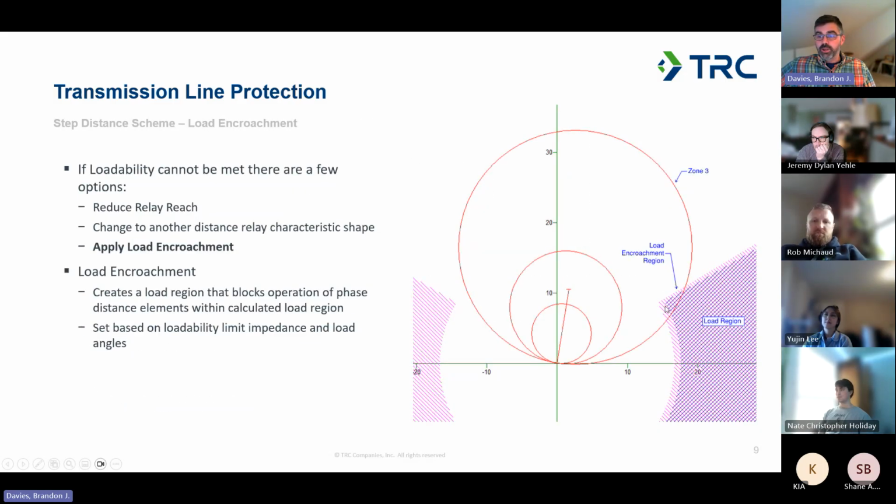So the relay will block operation of zone 3 just for this small corner here that's within the load region, and by blocking it, your element is now no longer going to operate under load, based on that blinder characteristic.